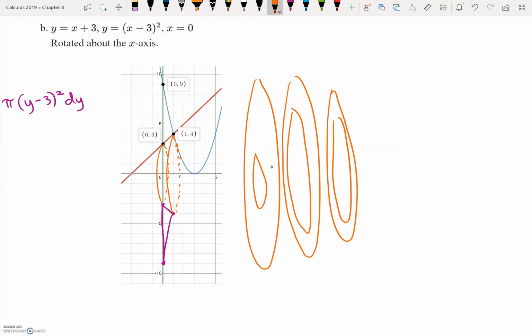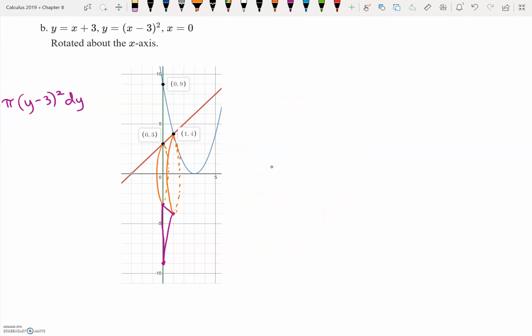Bad drawings, but I hope I can show that's what it looks like here. So we have a bunch of disks stacked on top of each other, and now we're going to be doing dx instead, because our disks are going horizontally in terms of our change in x. So we have our equations, and they're in terms of y, so that's okay. We don't need to change anything.